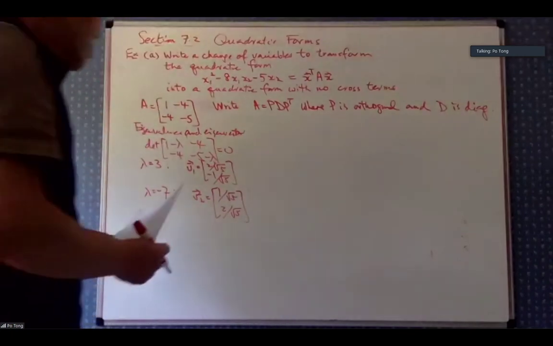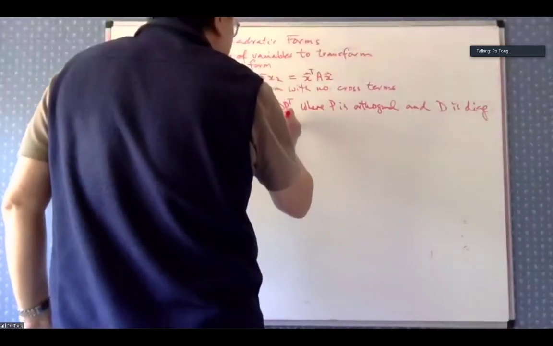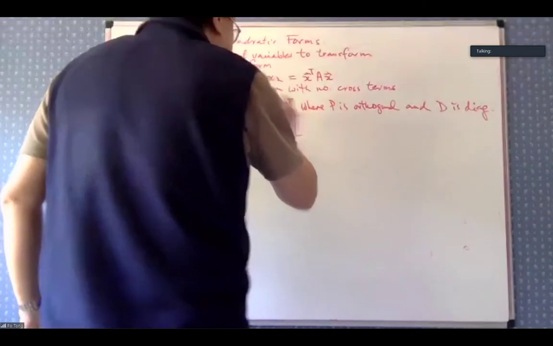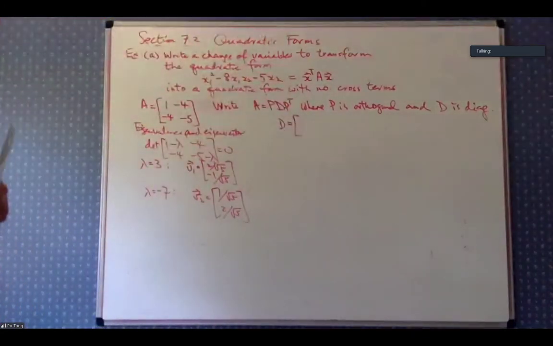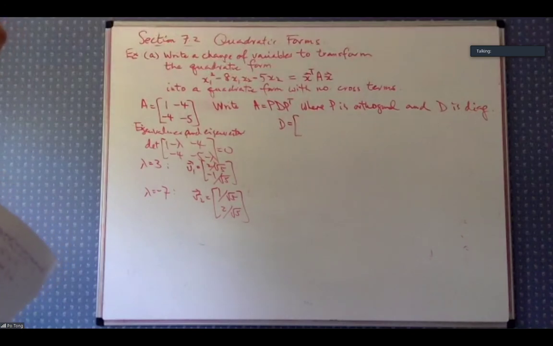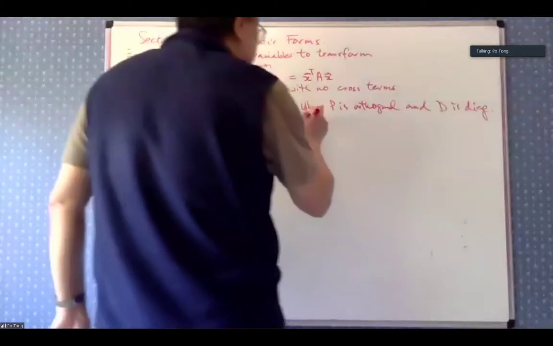So what will be my D? D is the diagonal entries: 3 and -7.